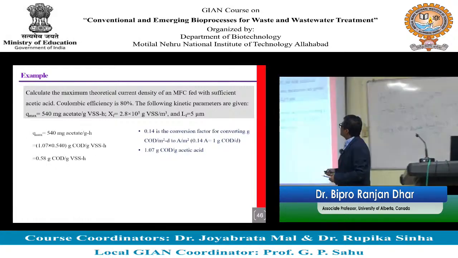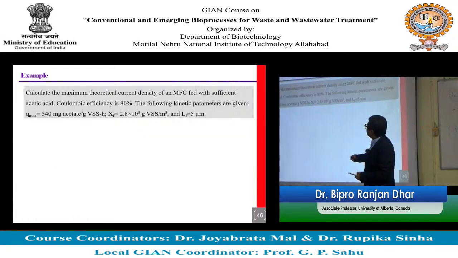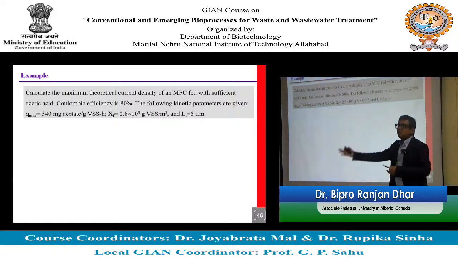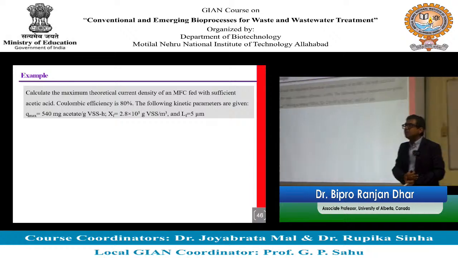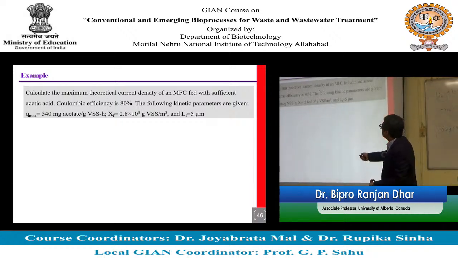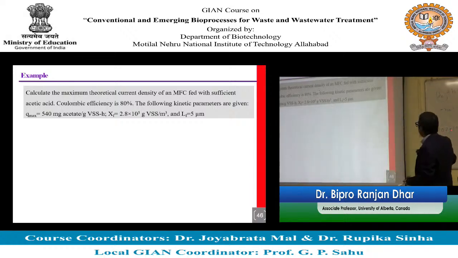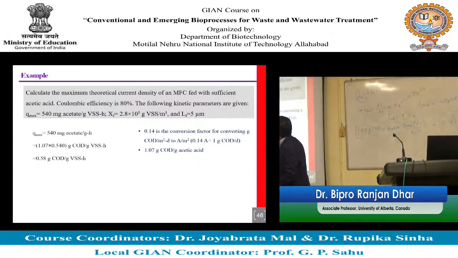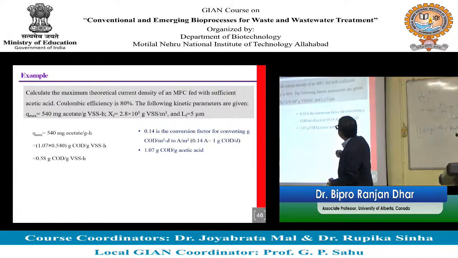First thing we have to do: Qmax is given as acetate, but I need to convert that into COD. So I first multiply 540 by 1.07 and convert that into gram per gram VSS, because the other things are provided in gram.